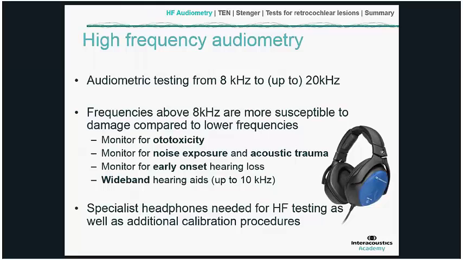The only difference here is that we do the same procedure but at a higher frequency range. And as you can see here, above 8 kHz, so usually from 10 kHz up to perhaps 16 or even 20 kHz. And there are a number of reasons for wanting to do this.